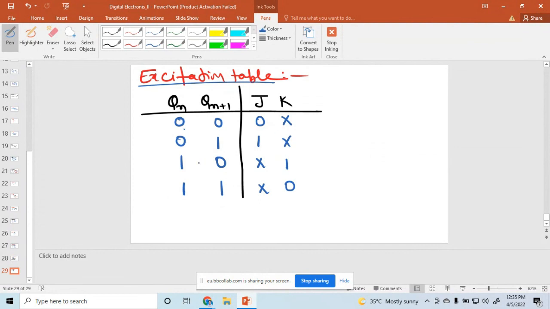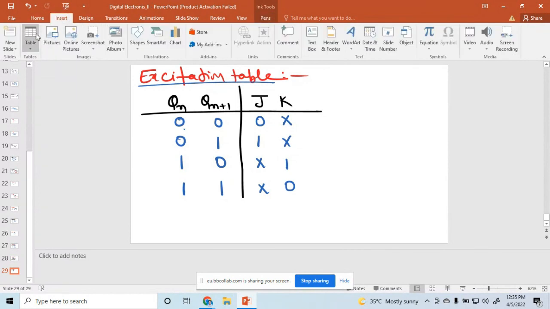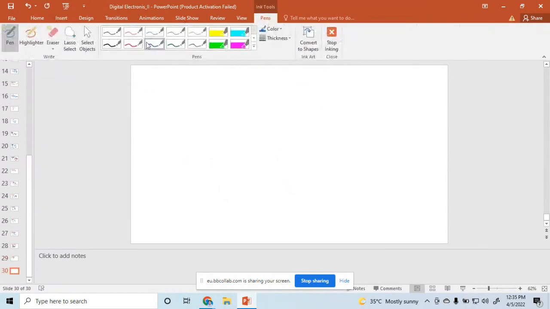And then what are the state diagrams? Just now I'm discussing state diagrams with you. A state diagram has two states.